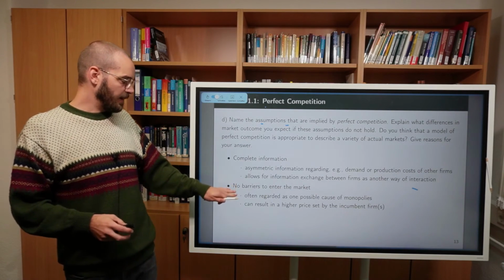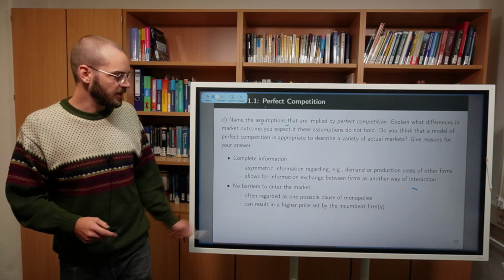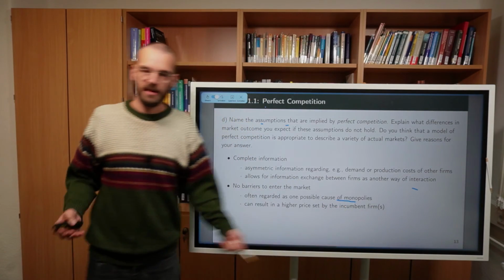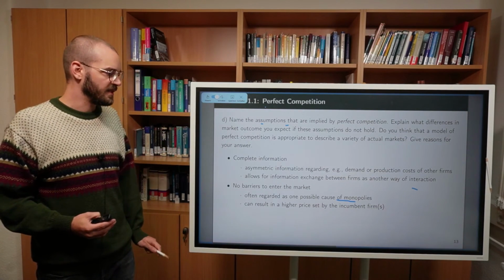Of course, these barriers to entry are often regarded as one possible cause of monopolies. So if there are quite substantial barriers to entry, then this might result in monopolies.